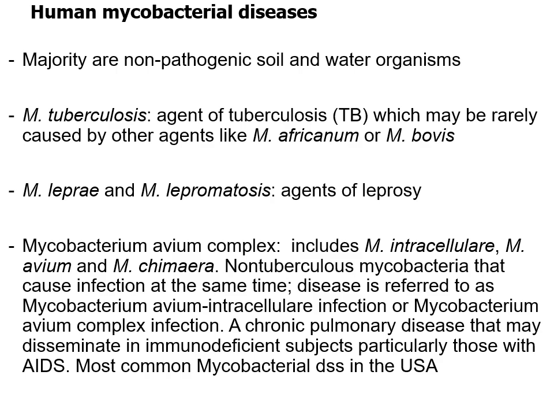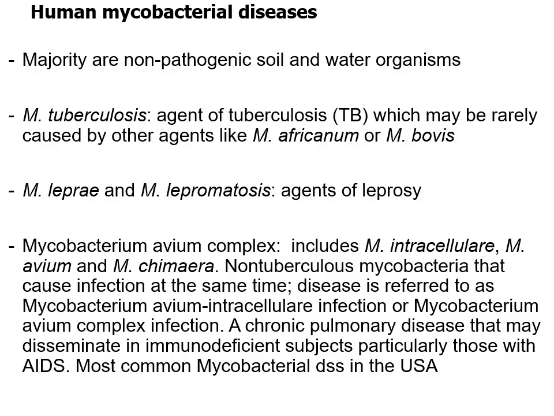And the last type of organisms that can cause human disease, this is a complex called the Mycobacterium avium complex. And these are 3 organisms that actually cause infection together as a triad, and this would be Mycobacterium intracellulare, Mycobacterium avium, and Mycobacterium chimera. So these organisms, they infect at the same time, and the disease is referred to as Mycobacterium avium intracellulare infection or Mycobacterium avium complex infection.